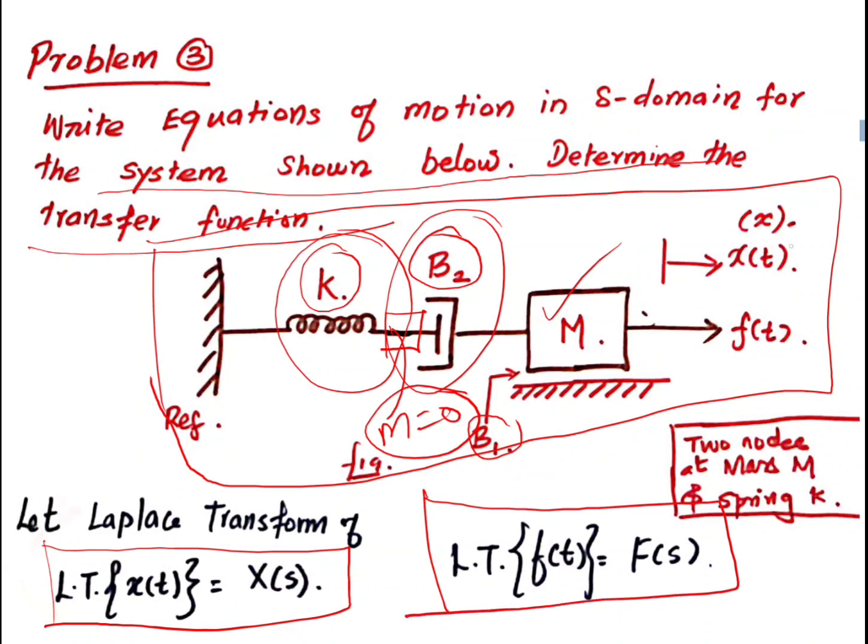Here the input is force, and the output is displacement x of t. So here we are considering displacement with respect to mass element m. This is the basic introduction with respect to this arrangement.